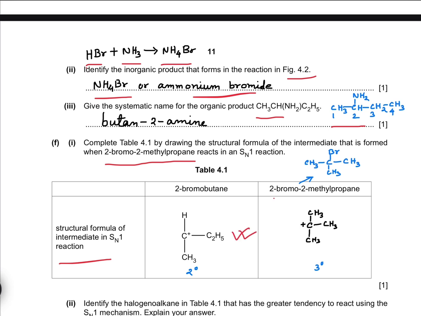For 2-bromo-2-methylpropane, this is the structural formula. We will get this carbocation. Here bromine will be negatively charged and the carbon will be positively charged. So we will get this carbocation, which is a tertiary or 3-degree carbocation.